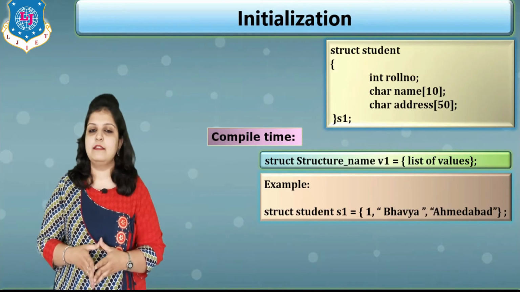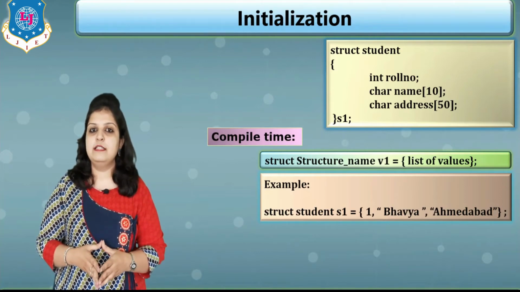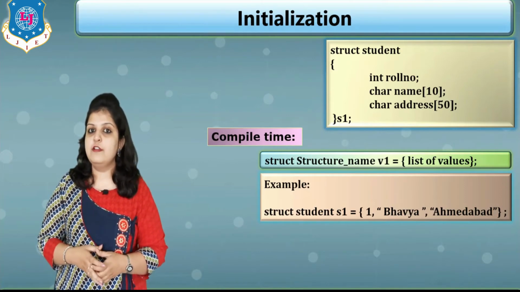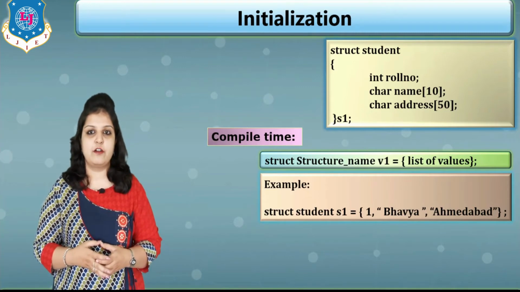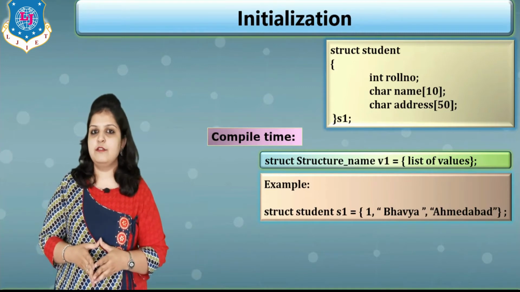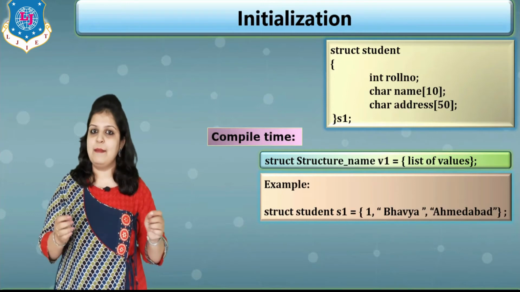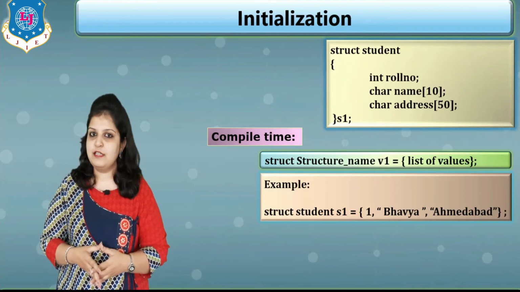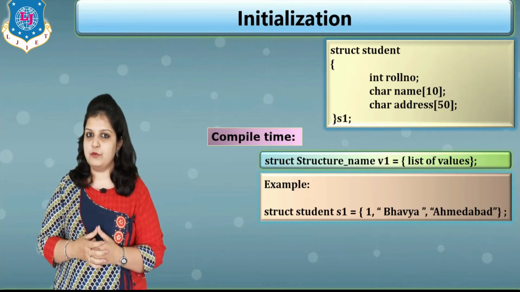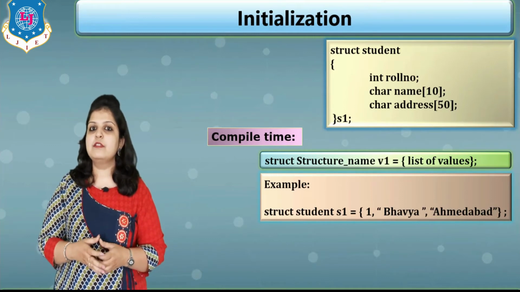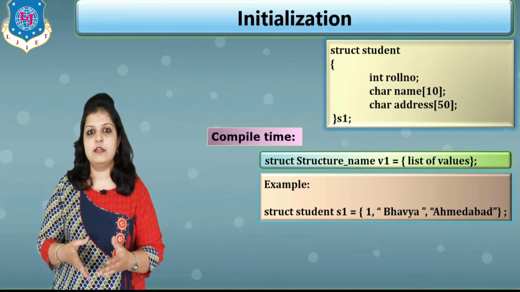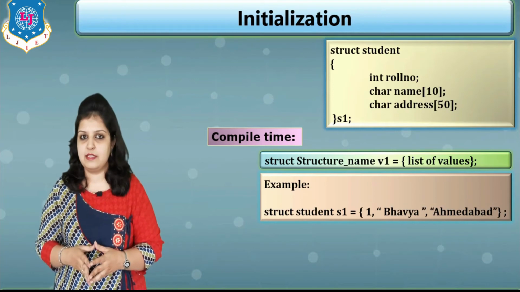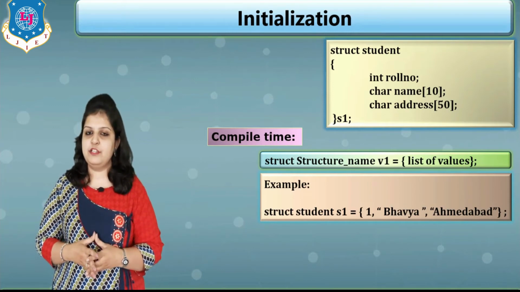Here Bhavya is my student and Bhavya is a string. A string is always represented in double quotes. And last, address. Here I am writing in short Ahmedabad. Ahmedabad is also a string, so I am writing it in double quotes. And for numeric values, single or double quotes are not required. So just remember this thing. So this is compile time initialization.